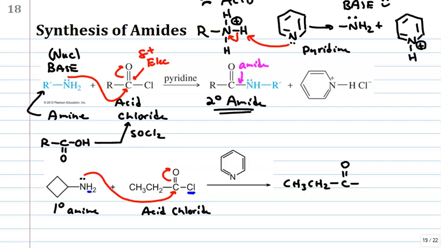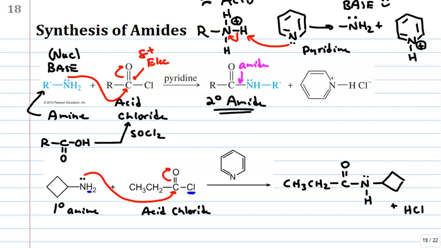Okay, so we need to take a hydrogen off this nitrogen to draw the product. So we have this. There we go. And then HCl is also produced.